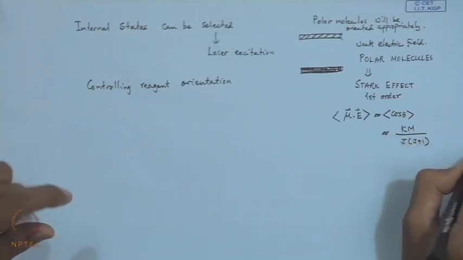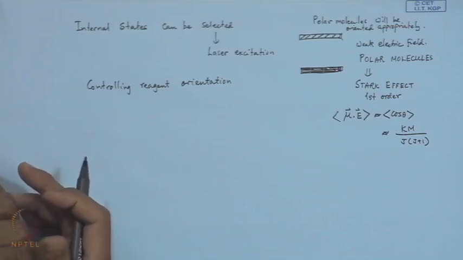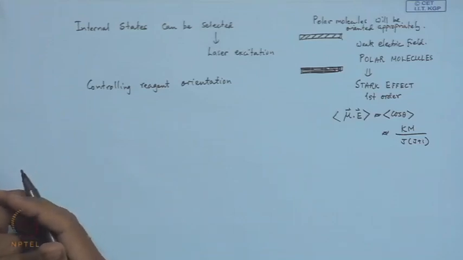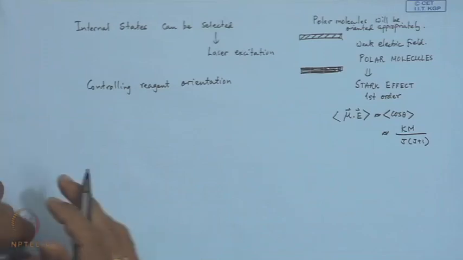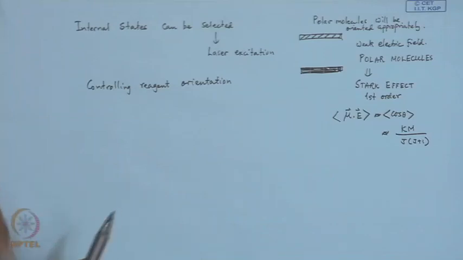This way you can select different rotational states by applying the first order Stark effect, depending on how much electric field you are applying. Depending on the electric field, the perturbation comes accordingly, so you are selectively generating the perturbed state.